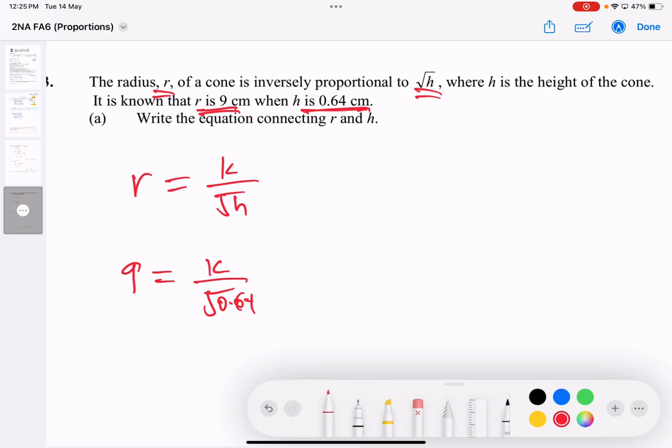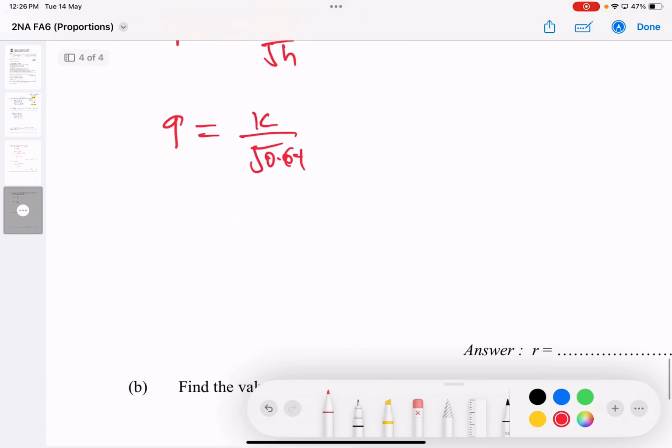Some of you couldn't continue from here. If you want to find the value of k, how can you find it? You cross multiply. So here you cross multiply. You're going to get k is 9 times square root 0.64.